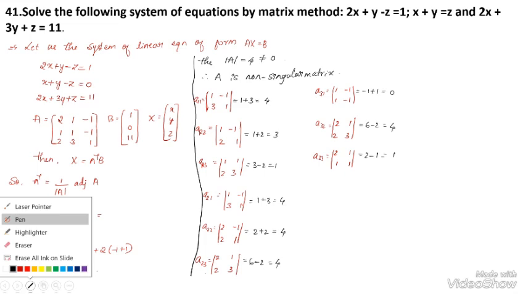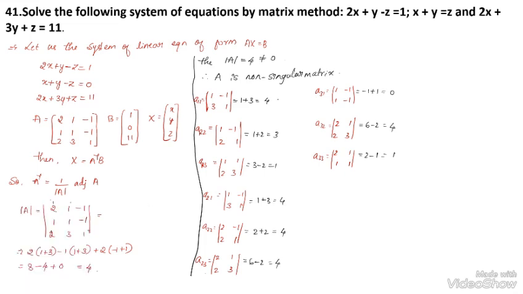I am taking the cofactor for this element by multiplying with plus, minus, plus, minus, plus, minus, plus, minus, plus. Then we get the cofactors.